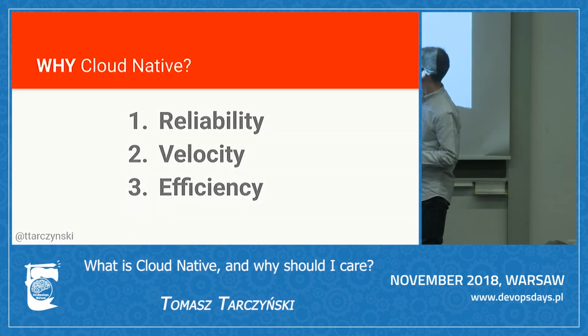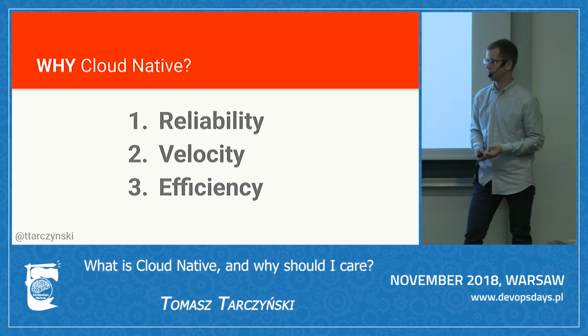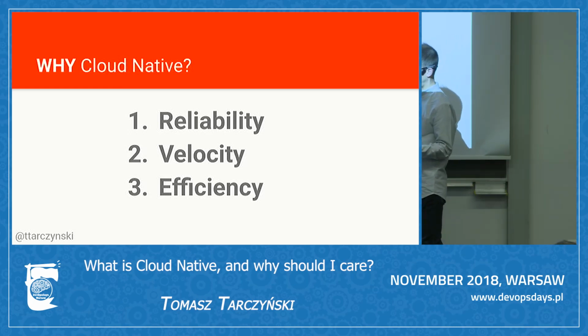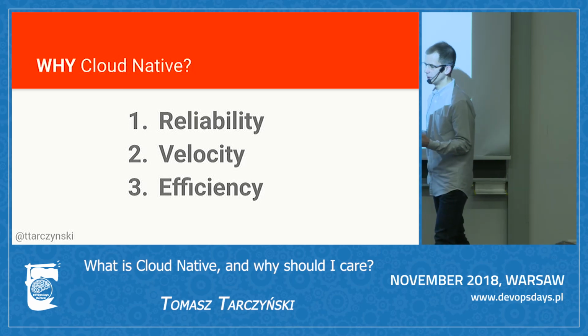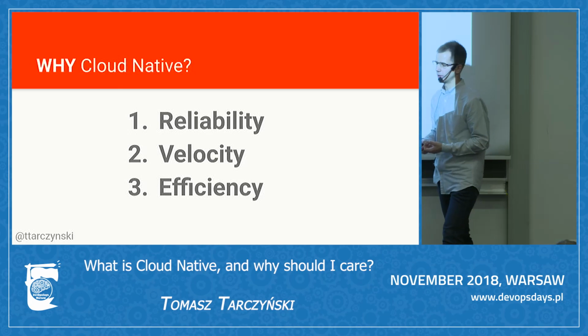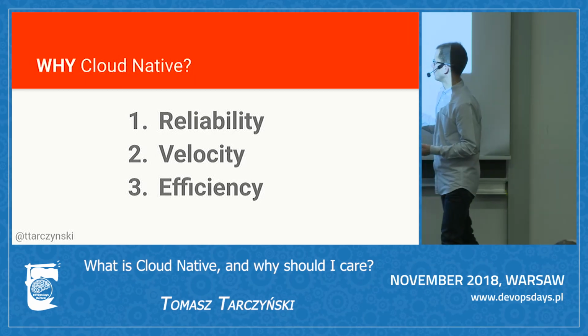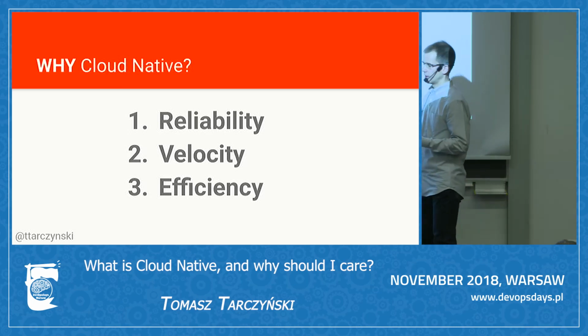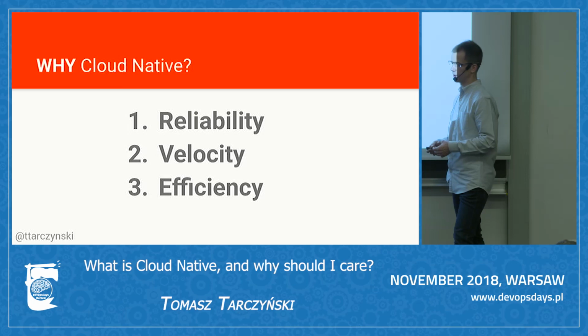And going back to those benefits, the third one is about efficiency. And for me, it means how much work do we need to put into management of our infrastructure. With cloud native, it's much less of that work. Much less needs to be taken care of by humans.